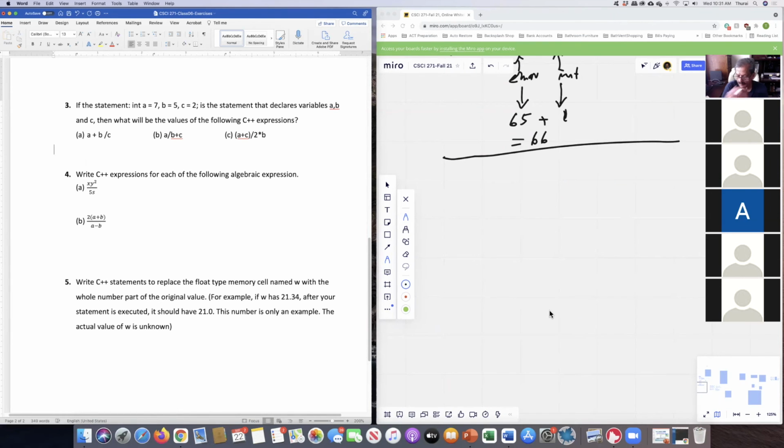Would it be X times parentheses Y times Y? We don't need that parentheses, because when you have two multiplications, it doesn't matter which order you do it, right? Okay, division, 5 times S.